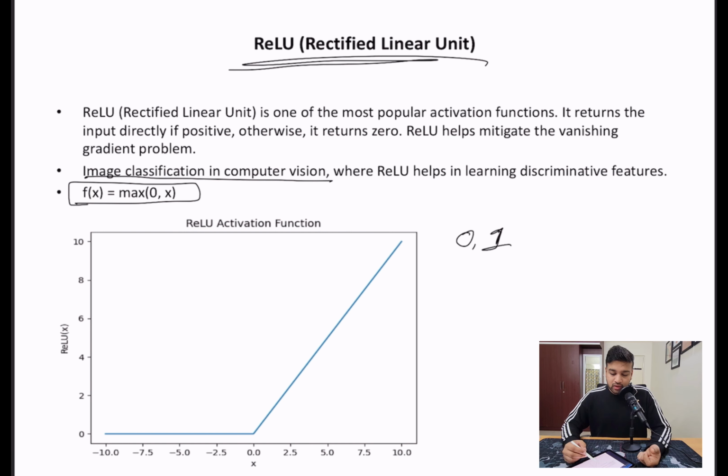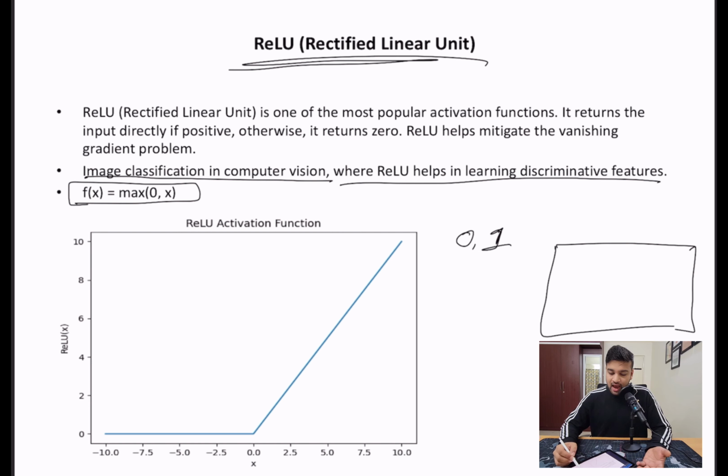ReLU helps you to learn discriminative features. For example, in an image classification problem, we have a lot of dead pixels in an image. If I draw an image and the object that I want to learn is only in the center of the image, all the area outside this is dead pixels, which I do not want to learn.